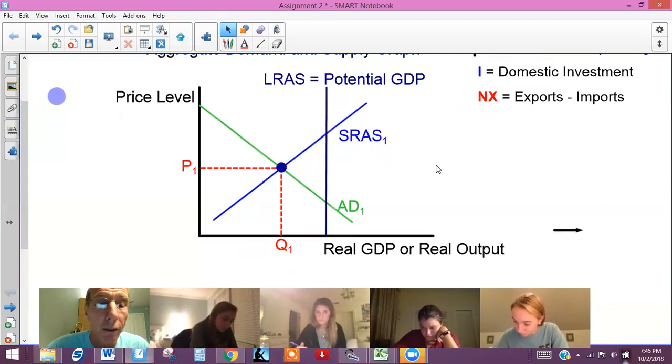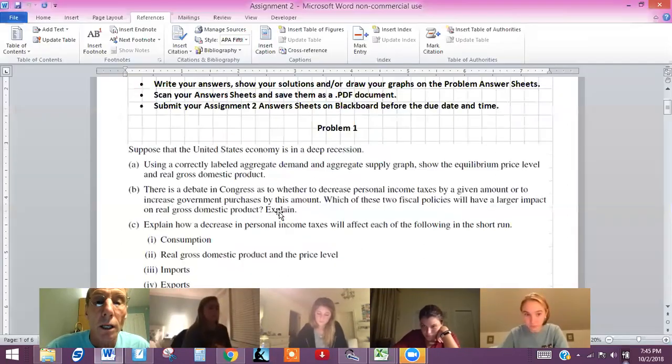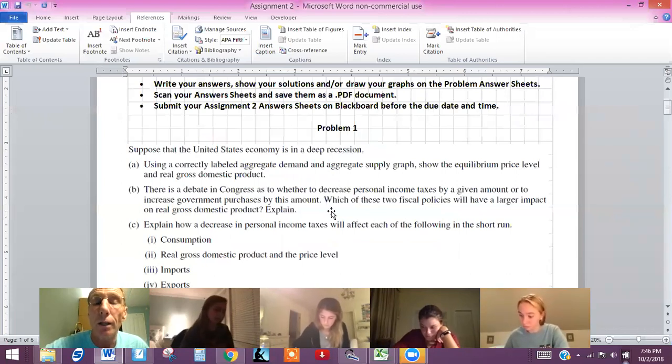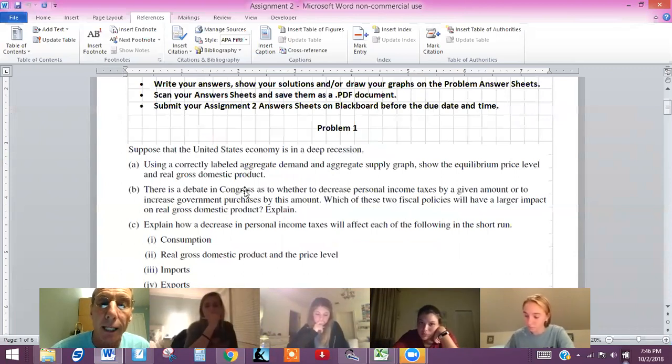Now, the next thing it's asking you is there's a debate between a tax cut, which is when you decrease the personal income tax, that's an income tax cut, or an increase in government spending.